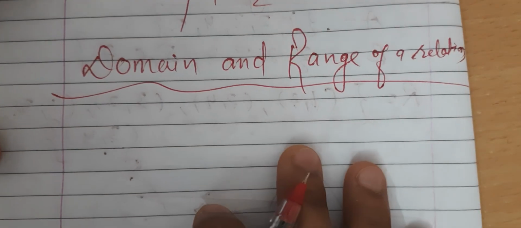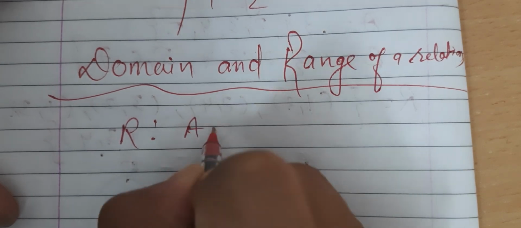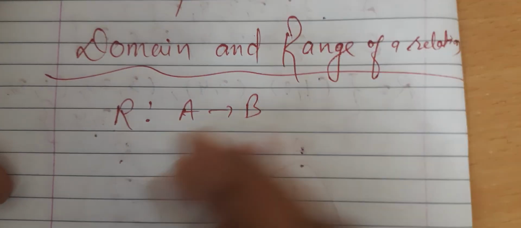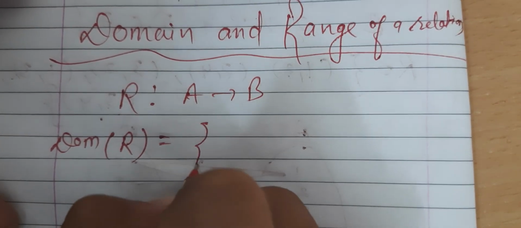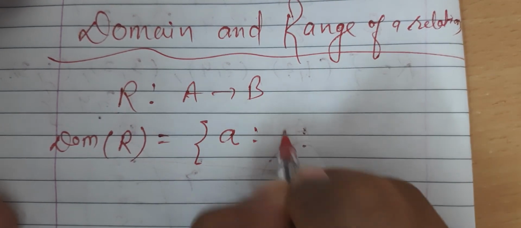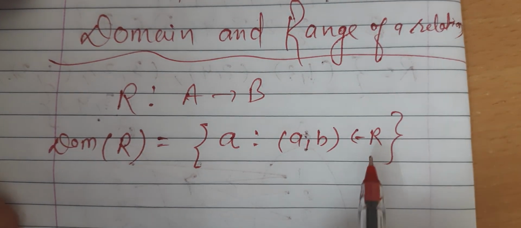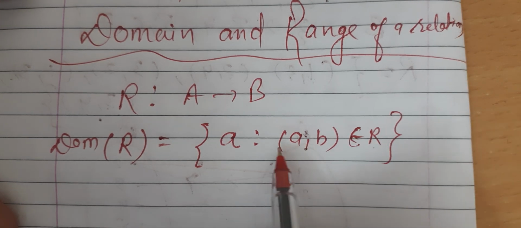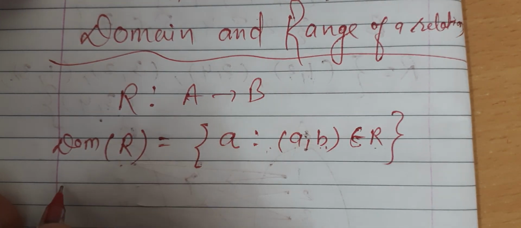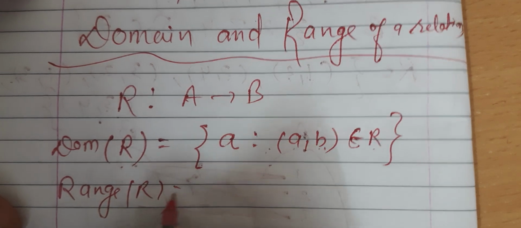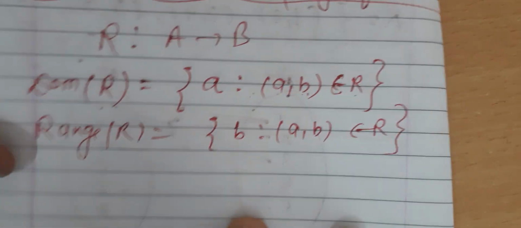If R is a relation from set A to B, then the domain of R is nothing but the set of first elements of the ordered pairs belonging to R, and the range means the set of second elements of the ordered pairs. This is the mathematical definition.